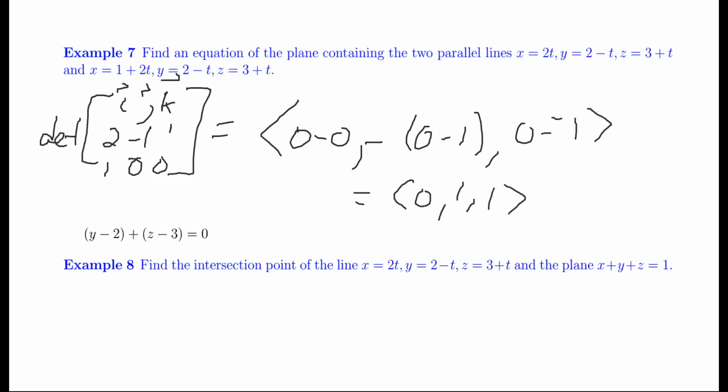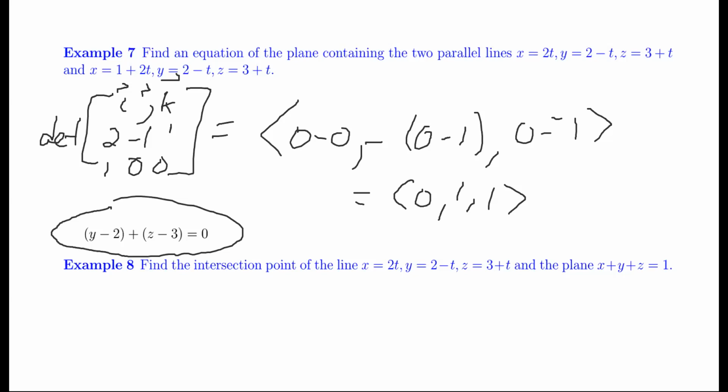Okay, that vector right there is perpendicular to the plane, i.e. it is a normal vector to the plane. So we can use that to plug it into our equation for a plane. And we in fact get a times x minus x naught.